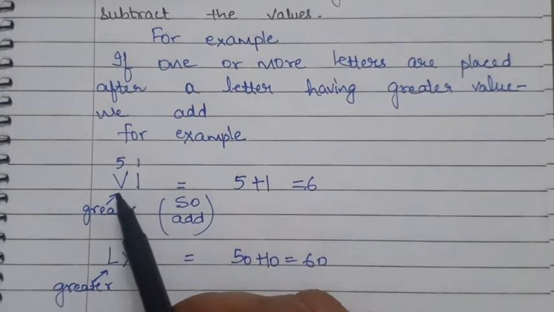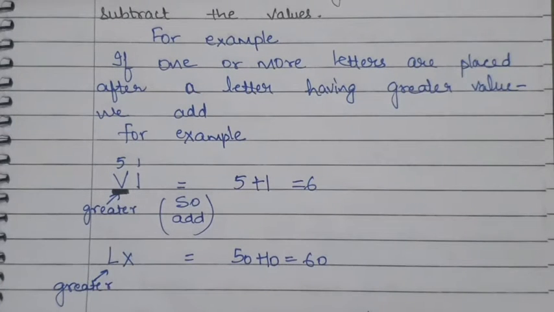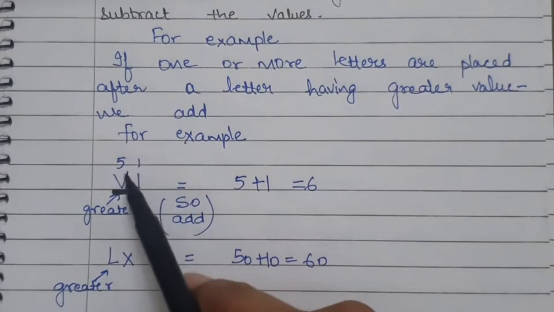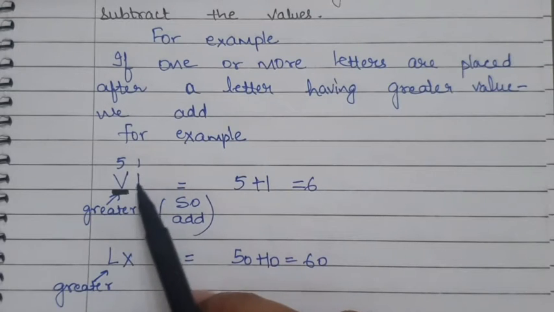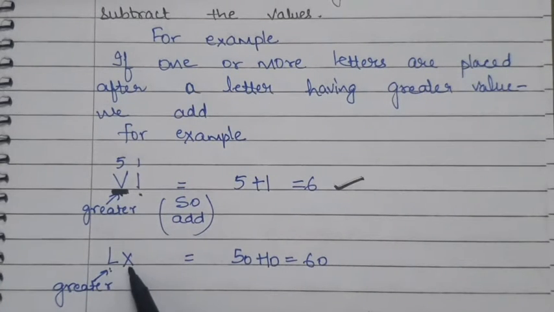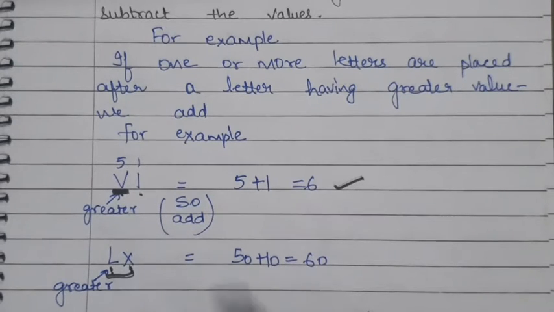Means, if the first letter is greater, and after this greater letter we have written one or more letters, then we add their values. That is 5 plus 1 gives us 6. Now out of L and X, which is greater? Yes, L is greater. So it means we will add. That is 50 plus 10 gives us 60.